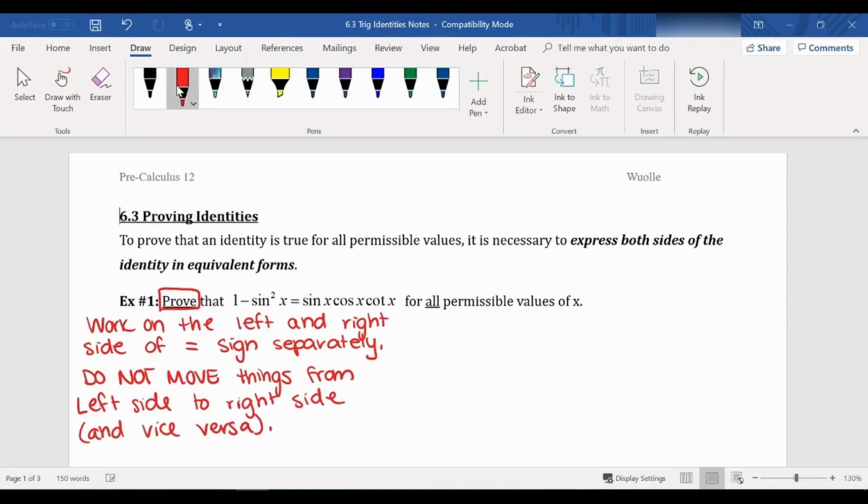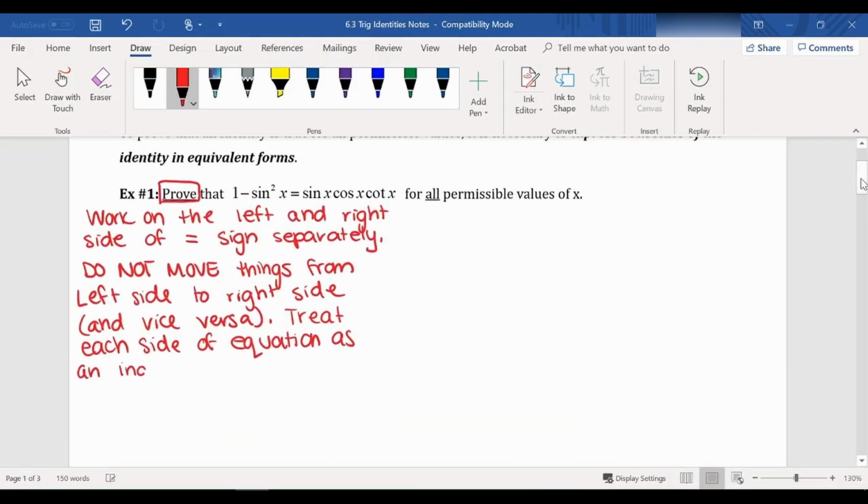Okay? You are going to treat each side of the equation as an independent expression. Okay, so you're going to manipulate the left and the right side so that they become equal to each other by using math you know how to do and identities.